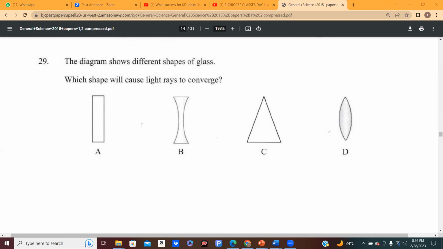Is it A, B, C, or D? B. No, that's not correct.